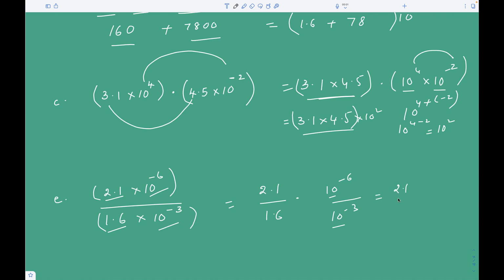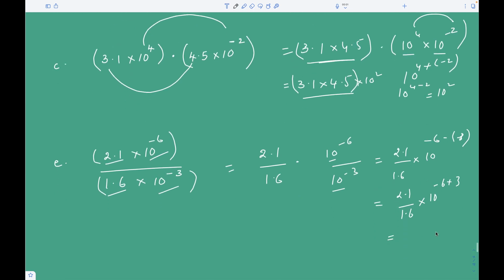So it becomes 2.1 over 1.6 times 10 to the power of minus 6 minus of minus 3. So it becomes 2.1 over 1.6 times 10 to the power of minus 6 plus 3. That is 10 to the power of minus 3 times 2.1 over 1.6.